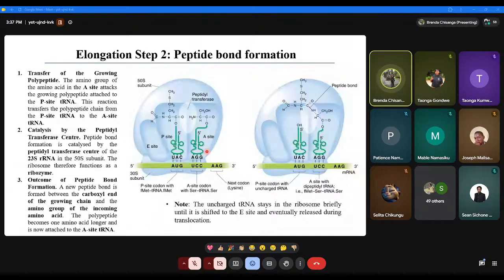In the previous slide, we also understand that another aminoacylated tRNA, that means it's carrying an amino acid, has also been brought into the ribosome, this time around in the A site. Between these two amino acids, they are not linked. At this point, they are independent.